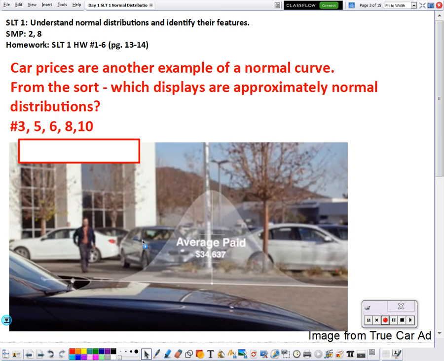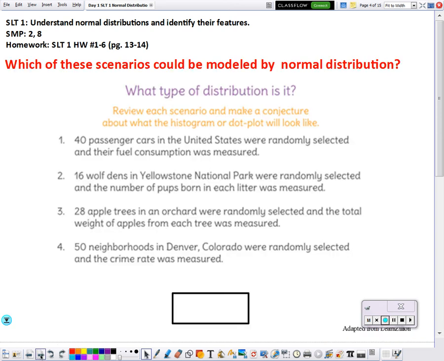Okay, hopefully you said images 3, 5, 6, 8, and 10 all represent normal distributions. Okay, so which of these scenarios could be modeled by a normal distribution?